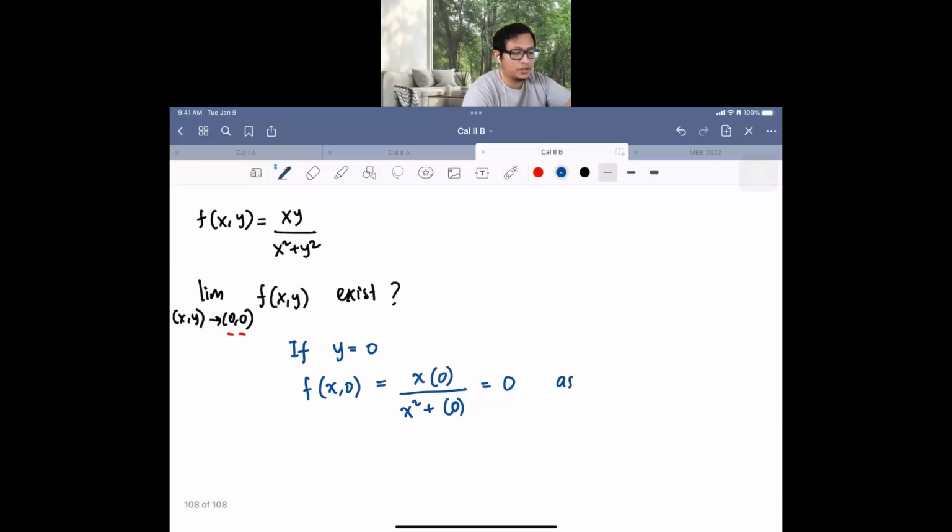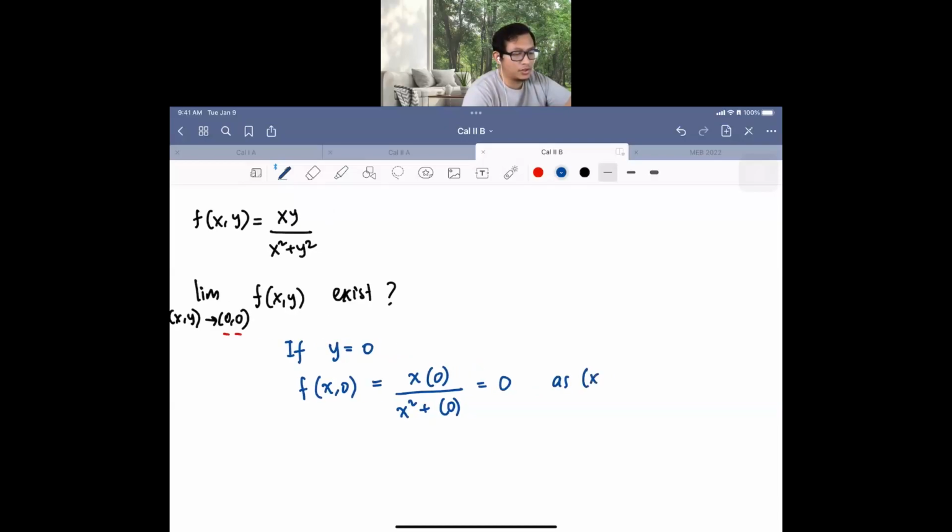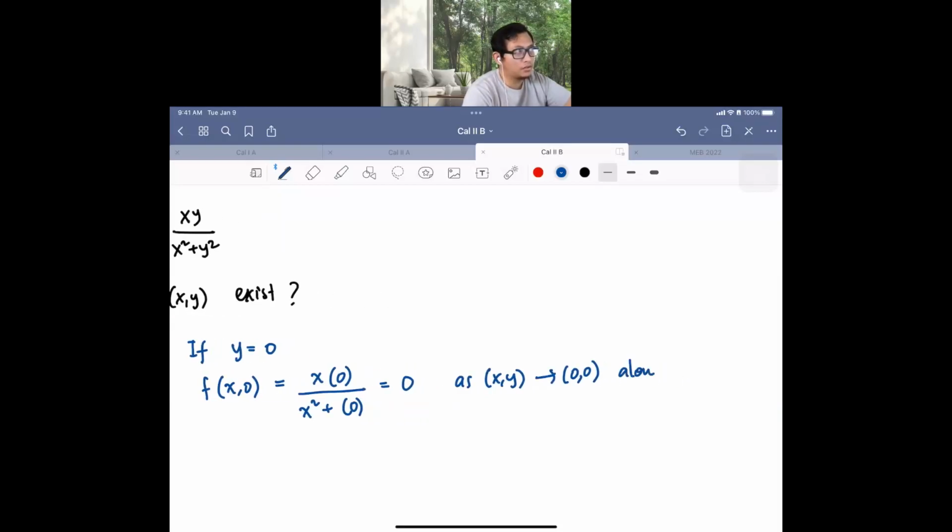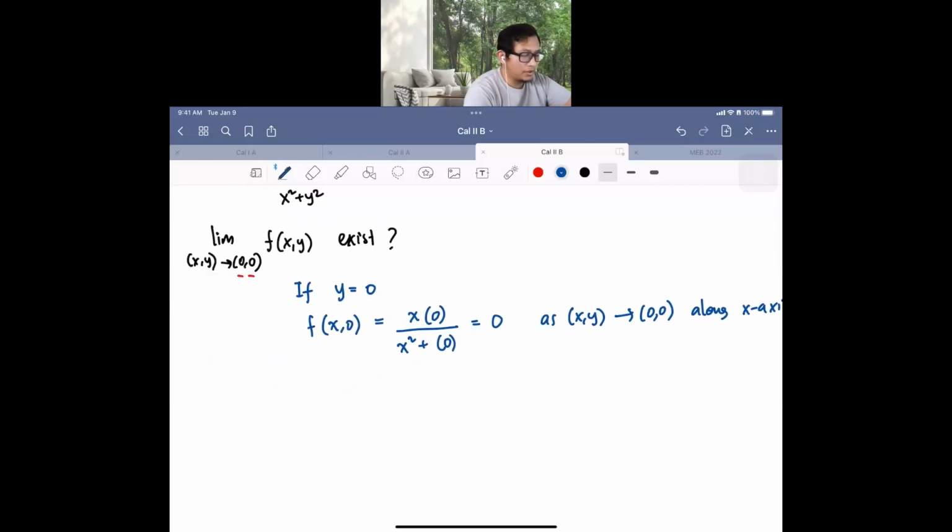This is as (x, y) approaches (0, 0) along the x-axis. And if we use the other equation, x equals 0, it's also 0.